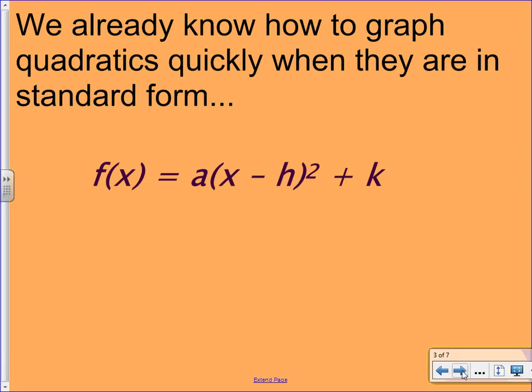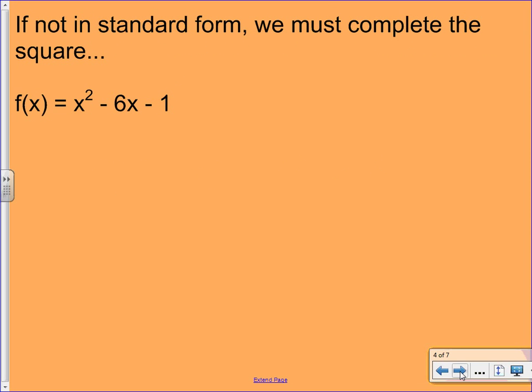Okay? Now, sometimes they are not going to be in this form. Okay? Sometimes they will just be a trinomial. If that's the case, then we need to force it to be in standard form. And so we need to review how to complete the square.